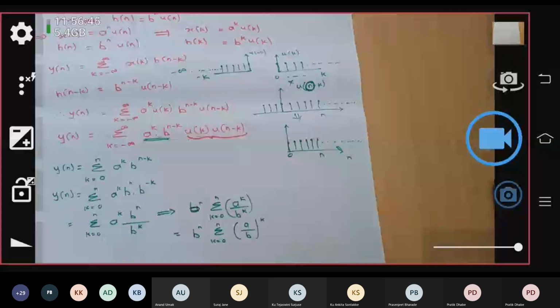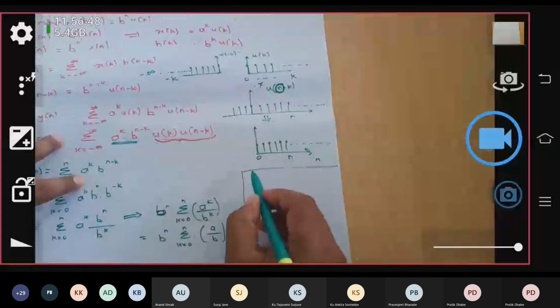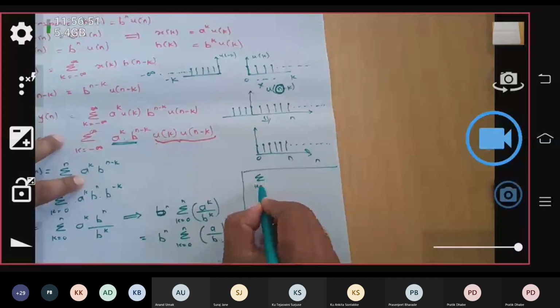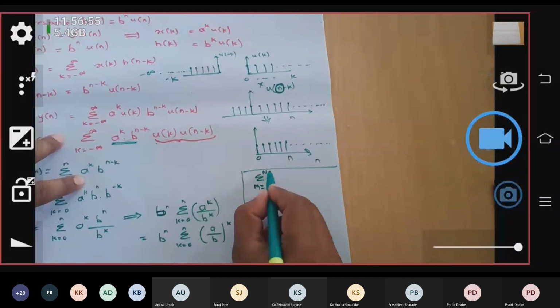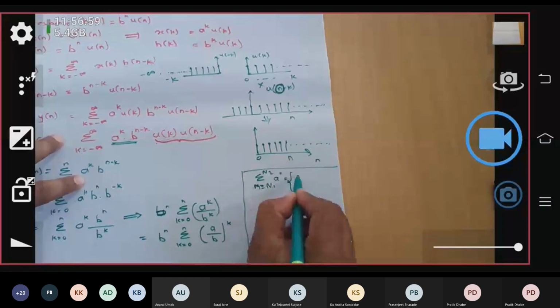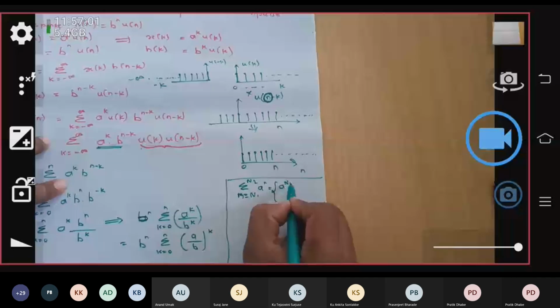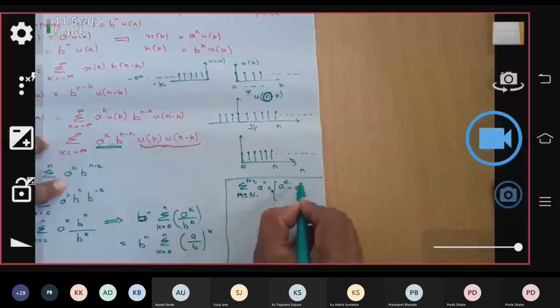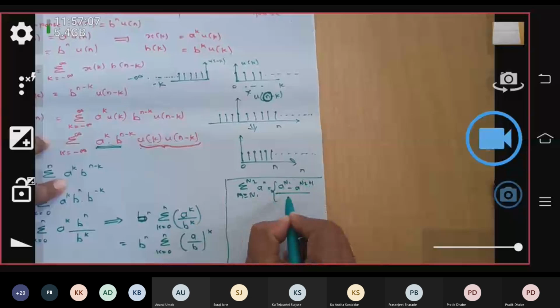But we all know that summation from n equals n1 to n2 of any variable a raised to n is equal to what? A raised to n1 minus a raised to n2 plus 1 upon 1 minus a.